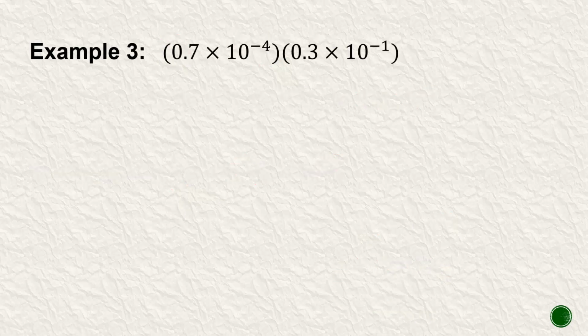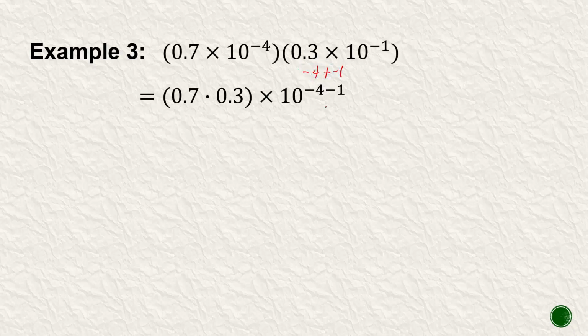Let's have another example. Here we have 0.7 times 10 raised to negative 4 multiplied by 0.3 times 10 raised to negative 1. Again, we will multiply 0.7 and 0.3, and then we add the exponents. Don't be confused. That's the same as negative 4 plus negative 1.